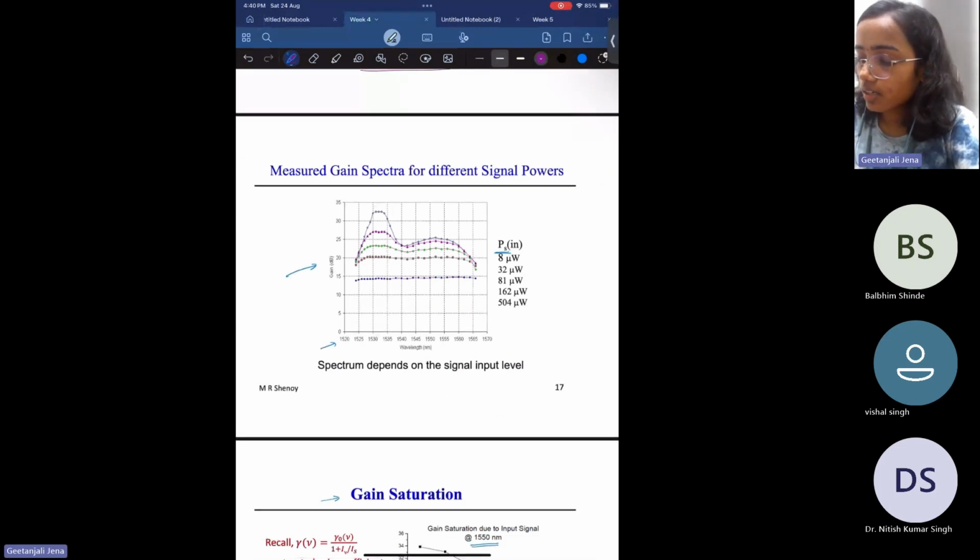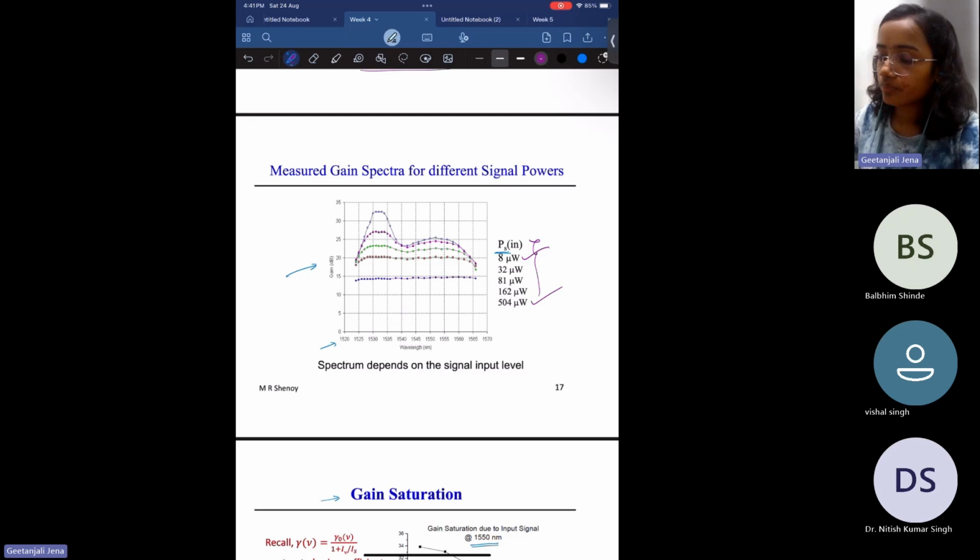And this is one of the plots that was done experimentally. If you see, the signal power is varied from 8 microwatt to 505 microwatt. If you see the curve, when we increase the signal power, the gain gradually decreases.